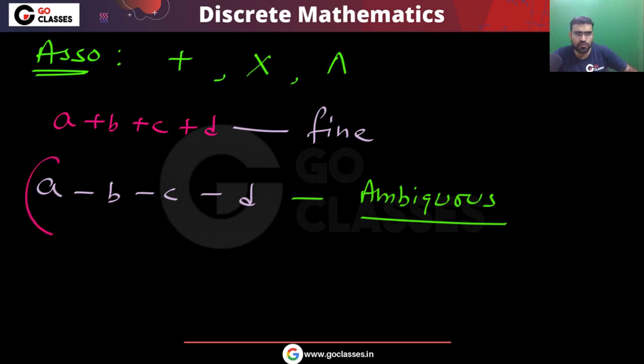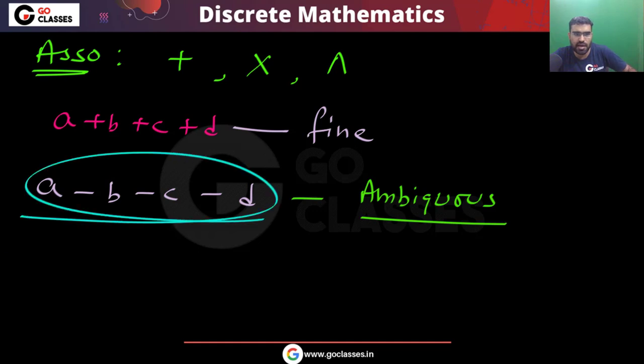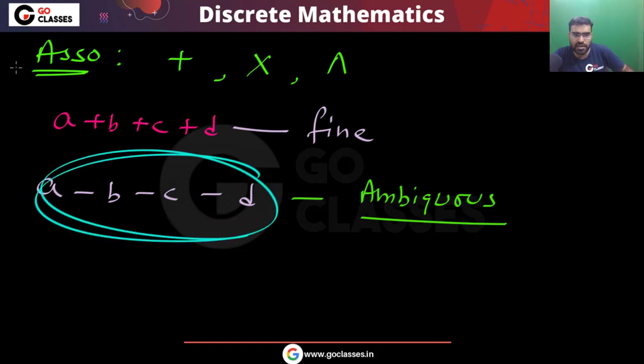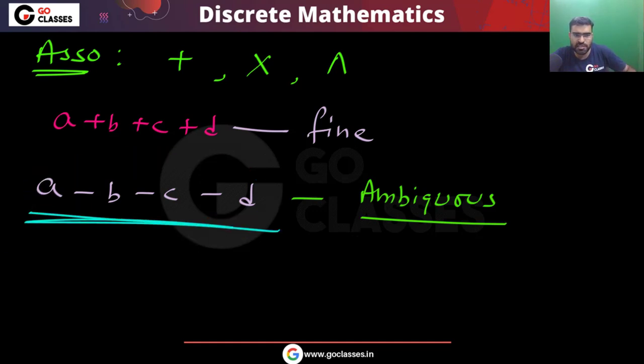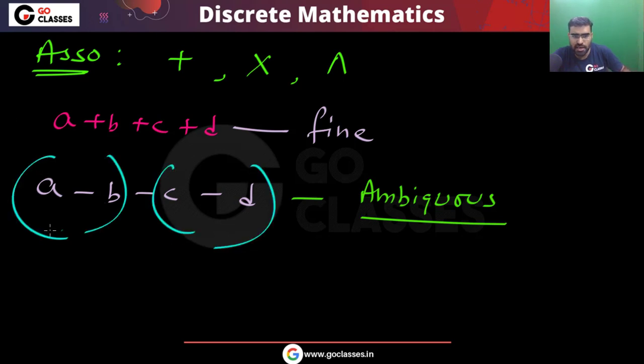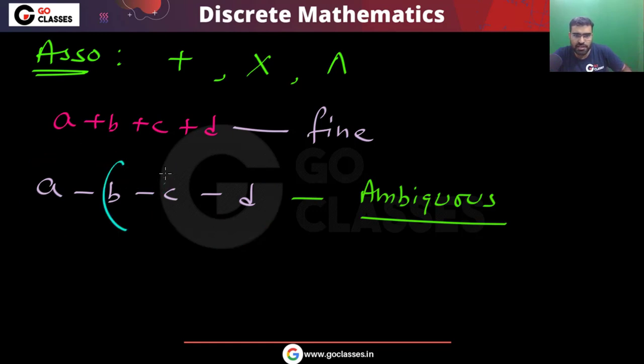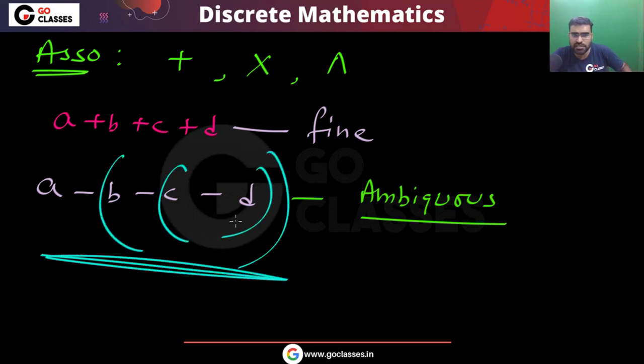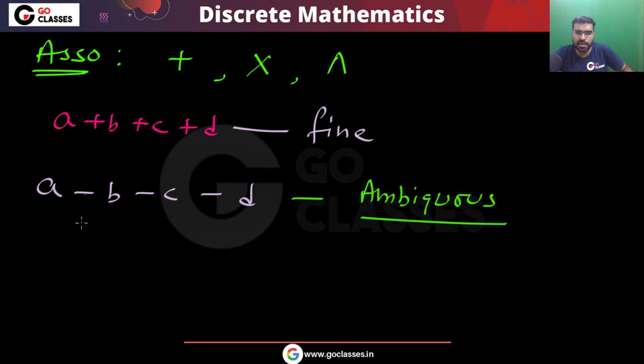The point is, without brackets, this expression is ambiguous and can give you many different answers depending on how you calculate it. If you calculate like this, you will get a different answer. So ultimately, this expression is problematic.